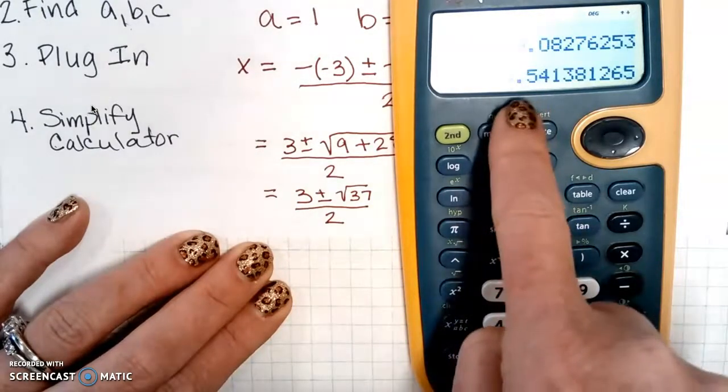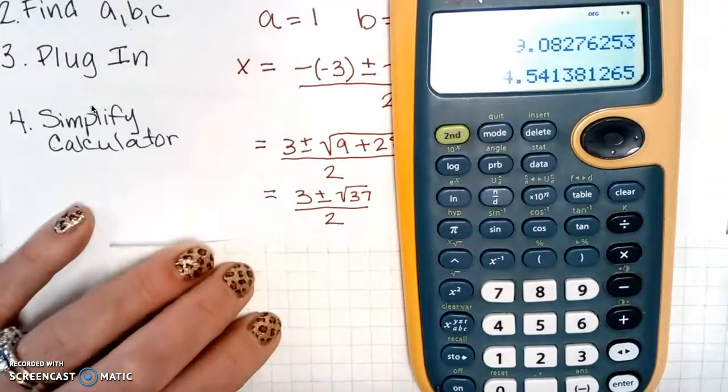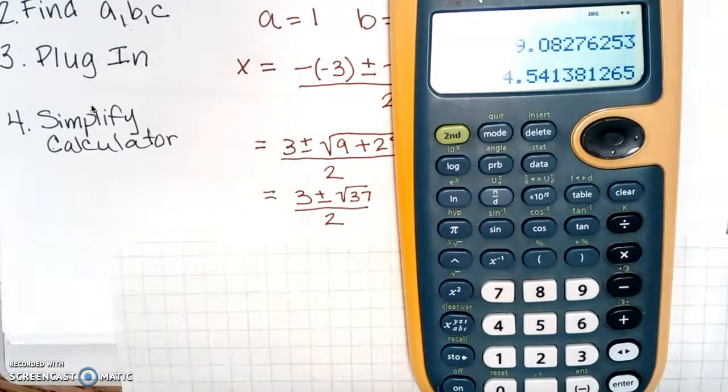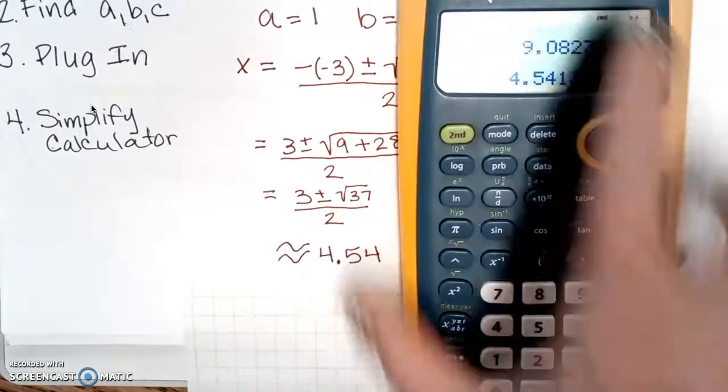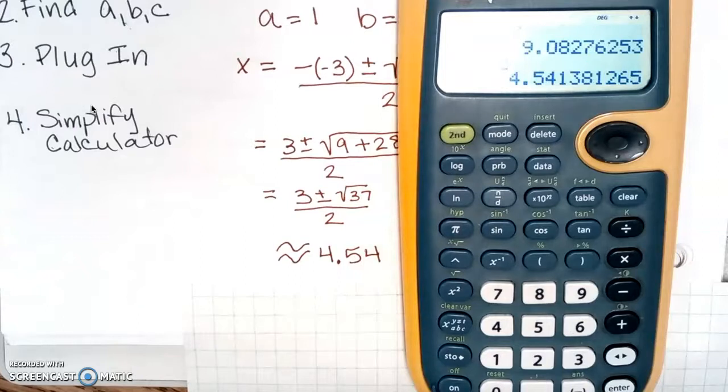And we get this decimal. And it's pretty long, right? They don't want us to write the whole thing. I think I did it to 2 decimal places. Let me check. Yep, 2 decimal places. So I rounded the 4.54138125 to 4.54. Okay? And so we need to use the wavy equal sign again because we're rounding.